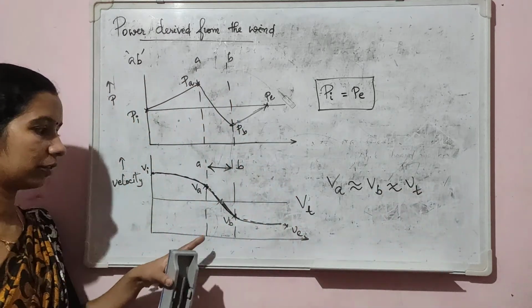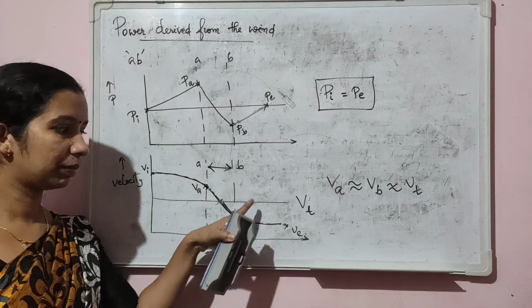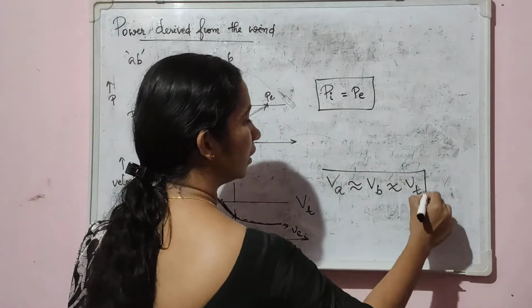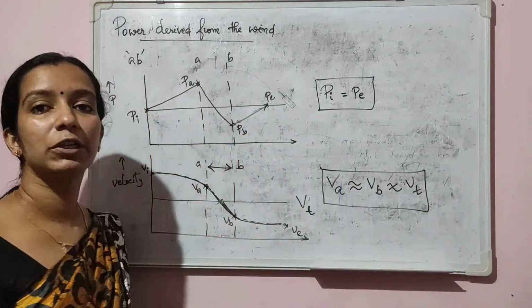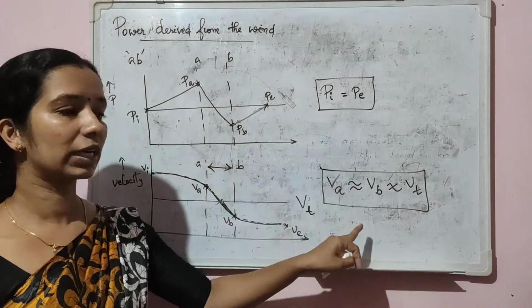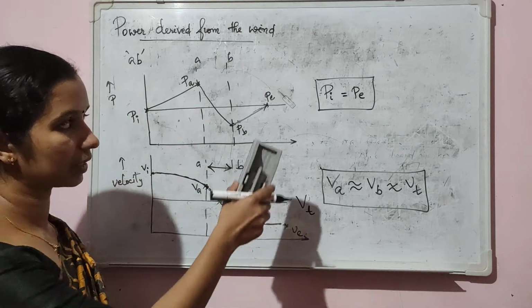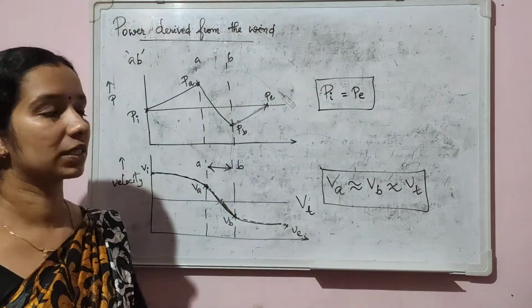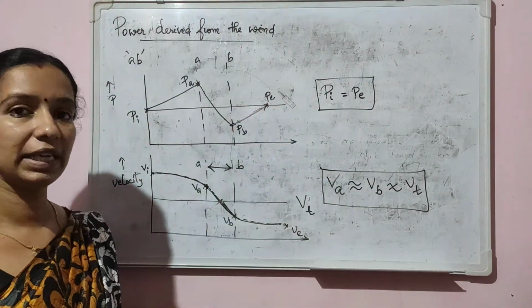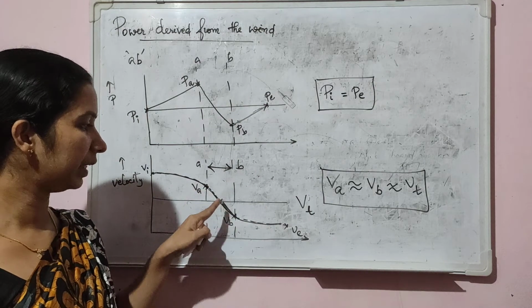So Va approximately equal to Vb approximately equal to Vt. These are the two assumptions that we got from this graph, and they are needed in the upcoming part of the derivation. So let us note down these two relations: Pi is equal to Pe, Va is equal to Vb is equal to Vt.